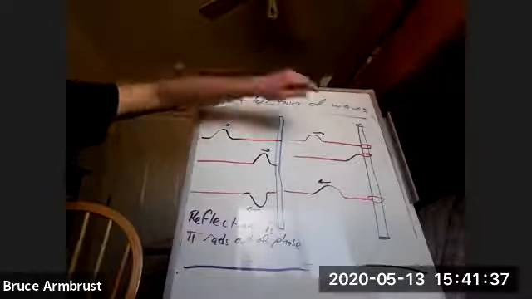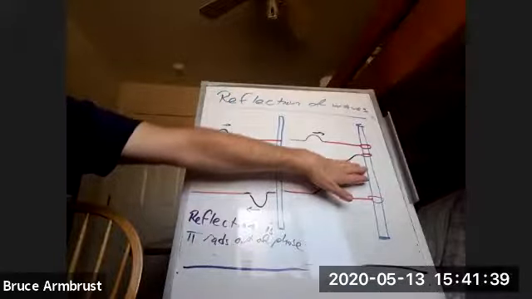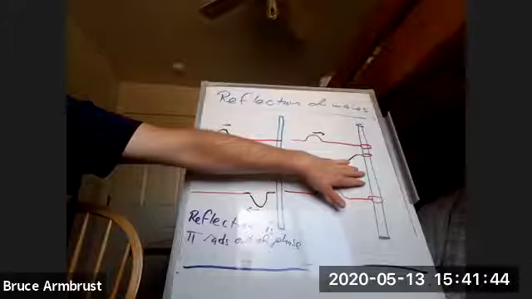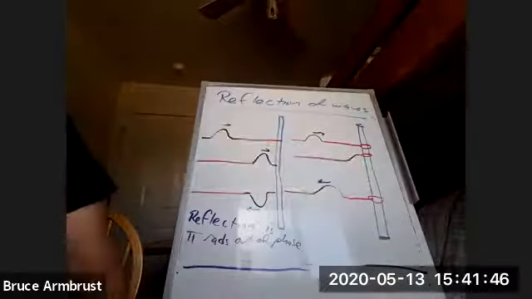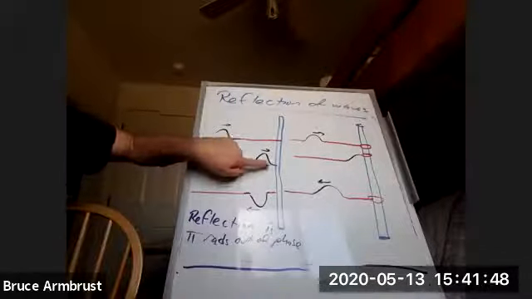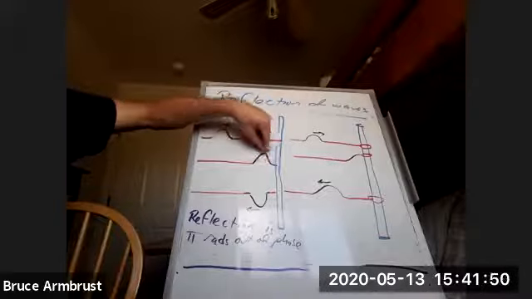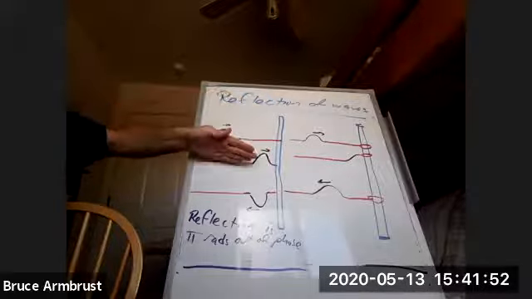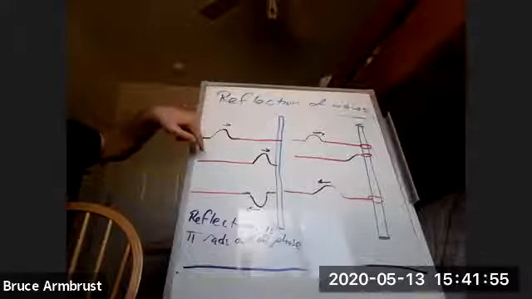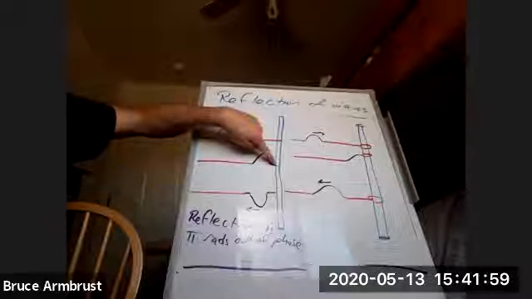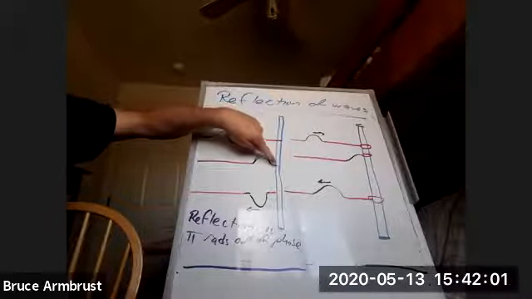Real quick, I don't really understand why the post wants to move up. Well, in this example, it doesn't. Okay. In the second one, the post doesn't want to move up because it's not actually attached. In this first case, it did want to move up because the string, think about what the wave is doing. It's pulling the string up, right? Oh, I see. So as we get right to the edge, it's trying to pull this string up.